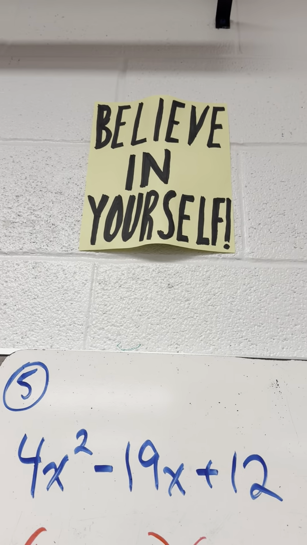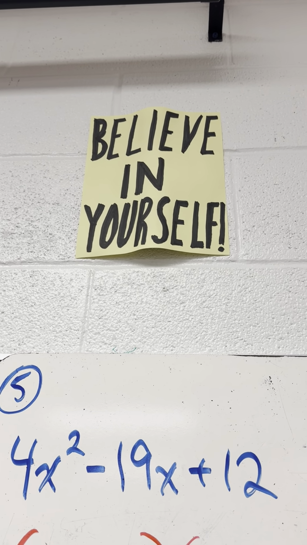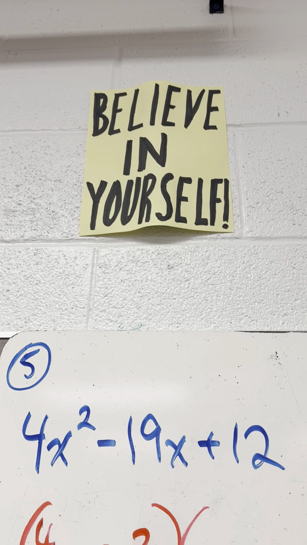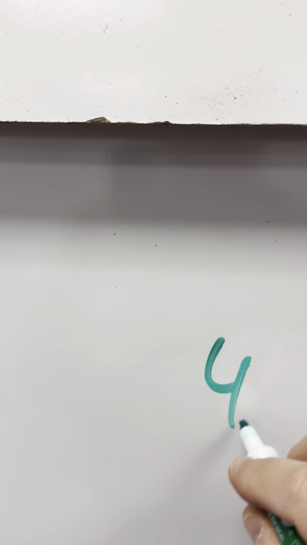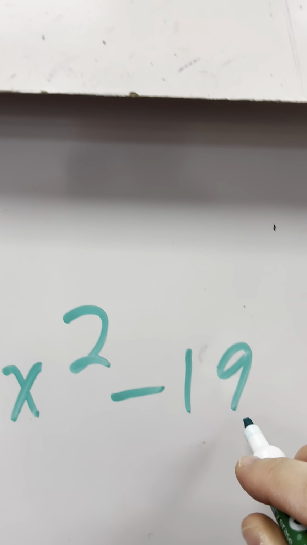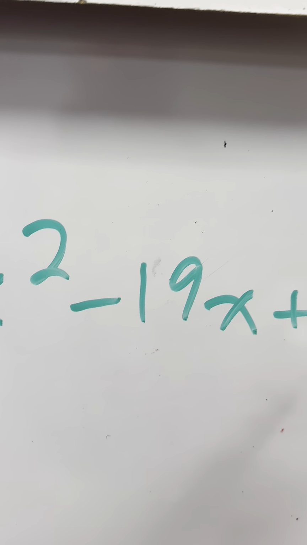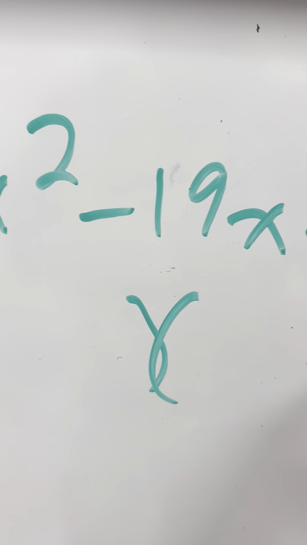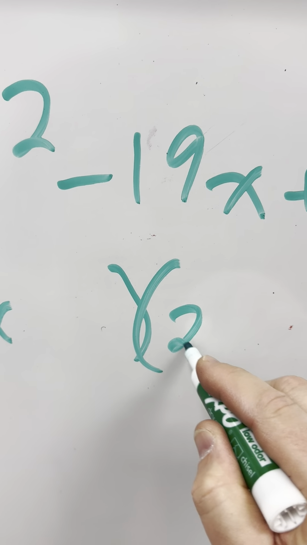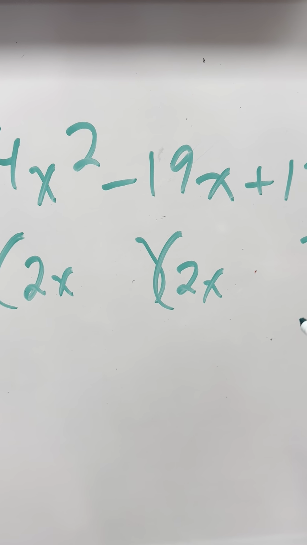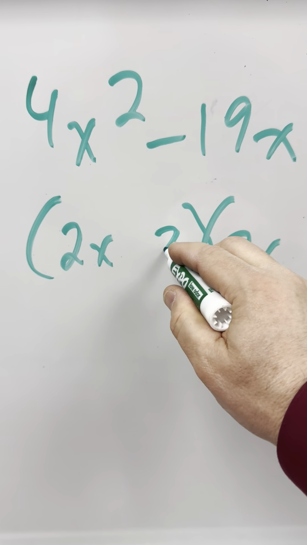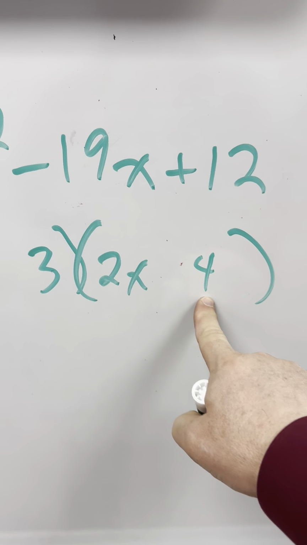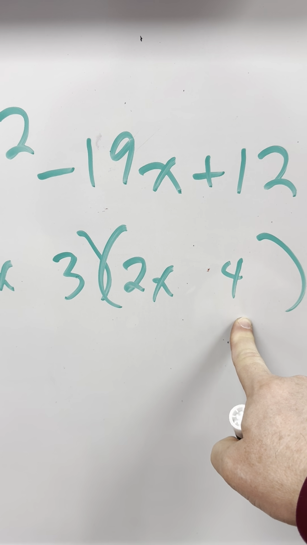Over here, 4x squared minus 19x plus 12. I'm going to start with 2x times 2x. All right. And for 12, if I try 3 times 4, this is not going to work because you're not going to have a multiple of 2.